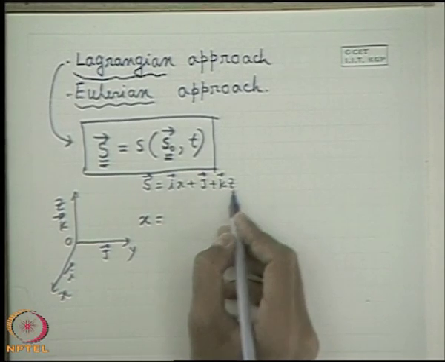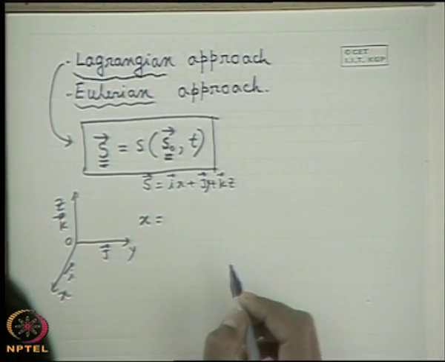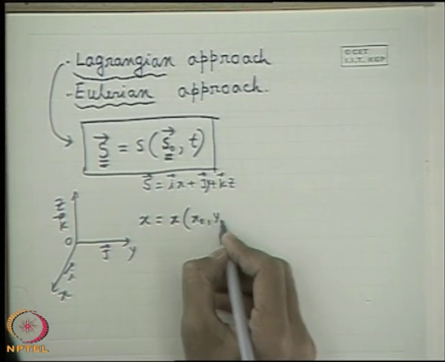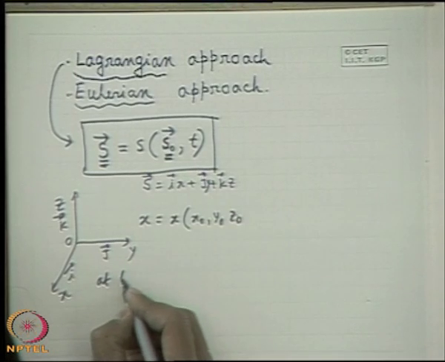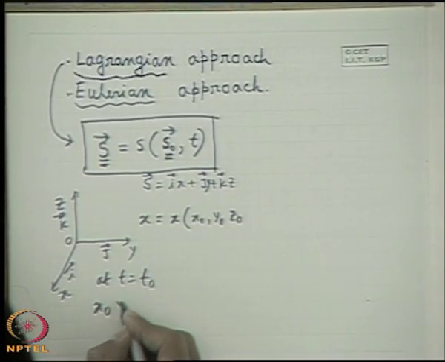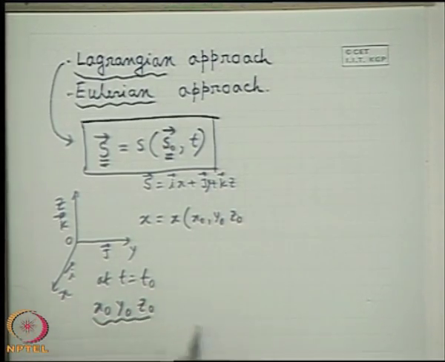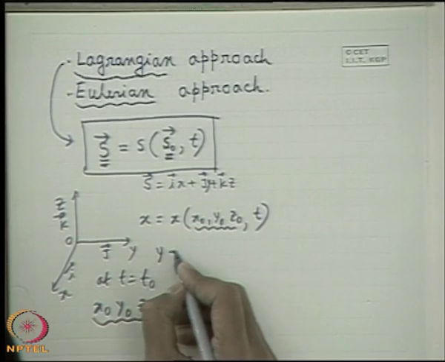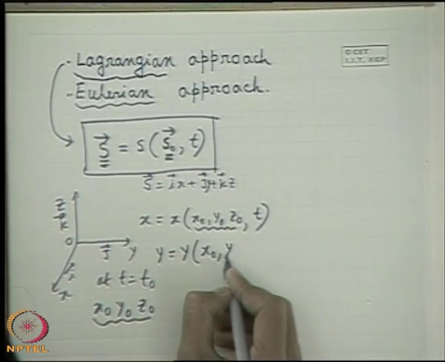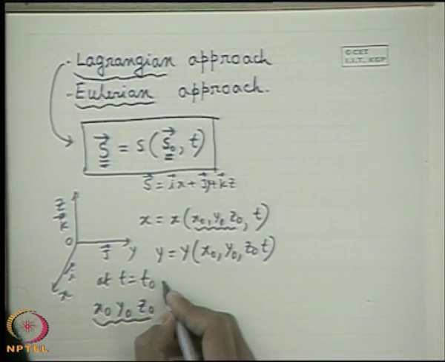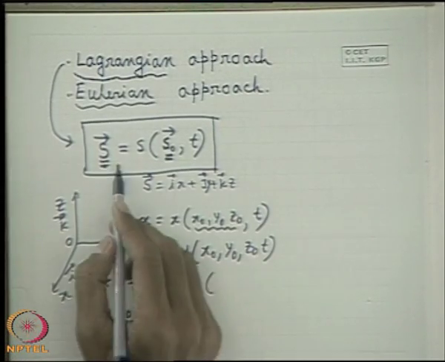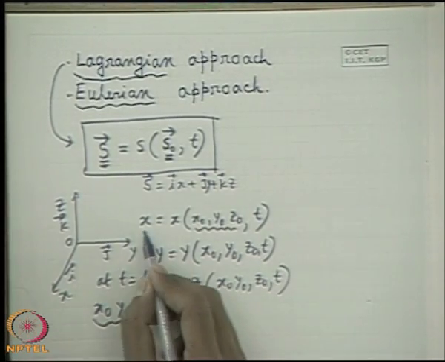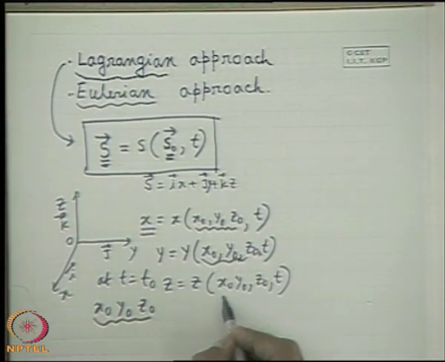In scalar components, x is a function of the identity of the particle x0, y0, z0, that is, the position of a particular particle at t equal to t0, and time t. Similarly, y is a function of x0, y0, z0 and t, and z is a function of x0, y0, z0 and t. That means the displacement of a particle is a function of its identity and the time.